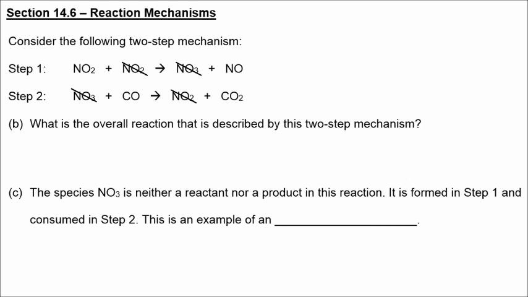So the overall reaction would be NO2 plus CO to produce NO plus CO2. Now the species NO3 is neither a reactant nor a product, so it was formed in step 1 and consumed in step 2. This is an example of an intermediate, because it's produced in an earlier step and then consumed in a later step. So we call that an intermediate.